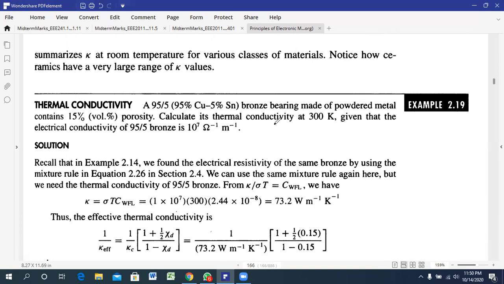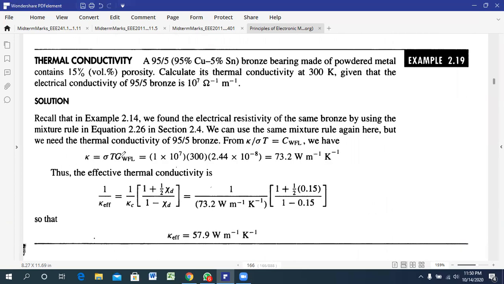Calculate its thermal conductivity. That means you have to determine the chi value at 300 Kelvin, given that the electrical conductivity of 95 by 5 bronze is 10 to the power 7 per ohm per meter. We know that chi equals sigma T C_WFL, so using that formula we can find the chi value.